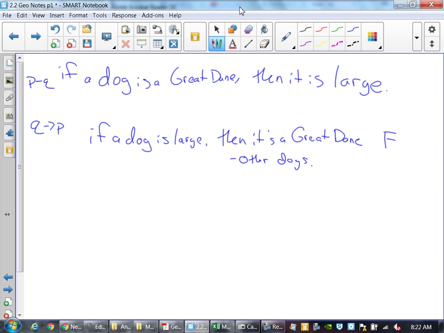So then we have not P to not Q for your inverse. If a dog is not a Great Dane, then it is not large.